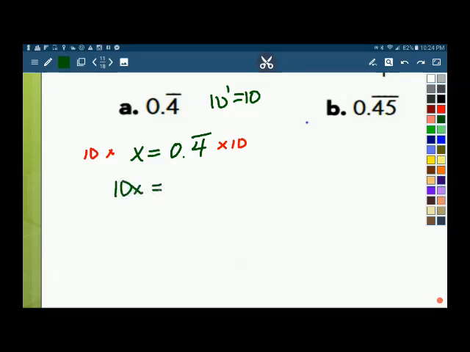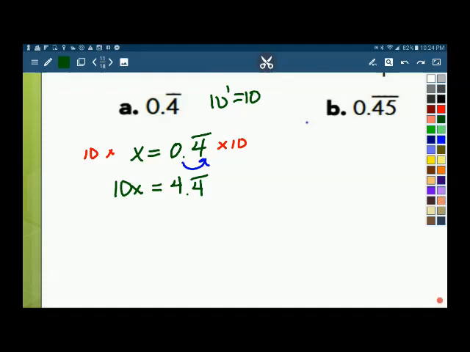10x is equal to, now when I multiply the decimal by 10, it's like we're moving the decimal place over 1 spot, because there's 1 zero in the number 10. So now this becomes 4.4 repeating.